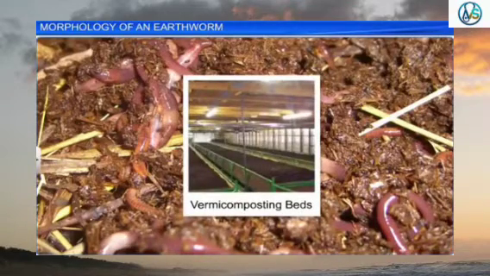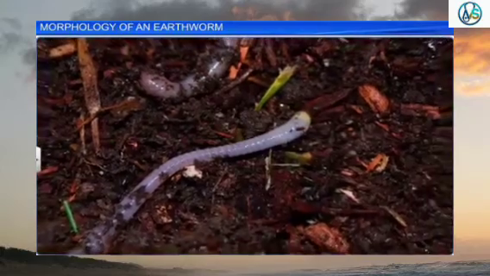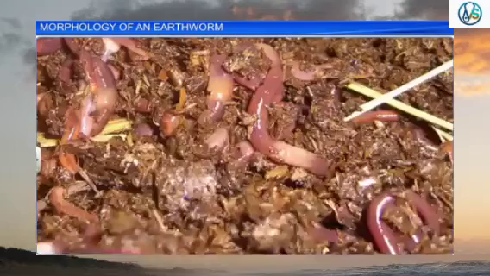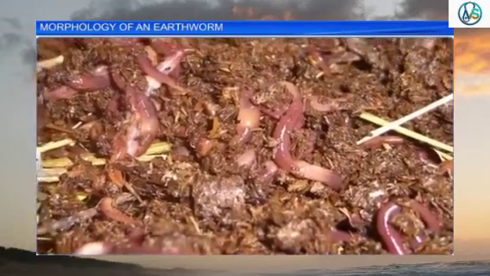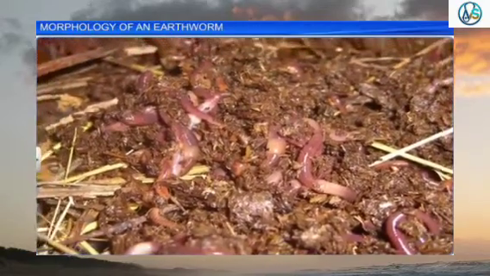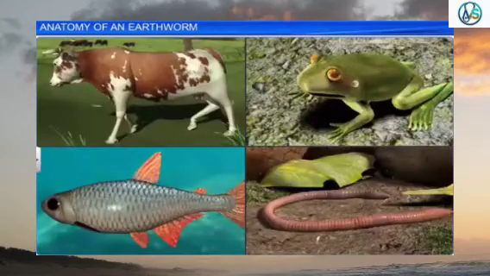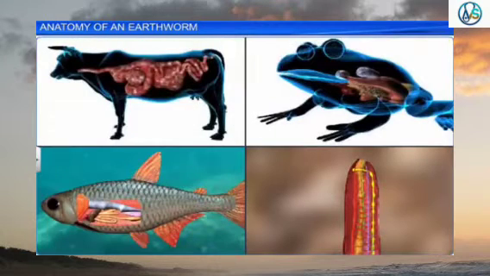We've just studied the morphological features of an earthworm, such as its color, body structure, texture, and external organs. Our planet is home to thousands of animals that exhibit morphological similarities and differences. Similarly, they also exhibit certain anatomical similarities and differences.